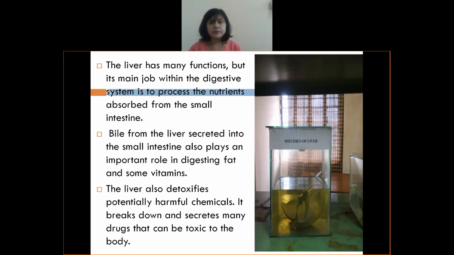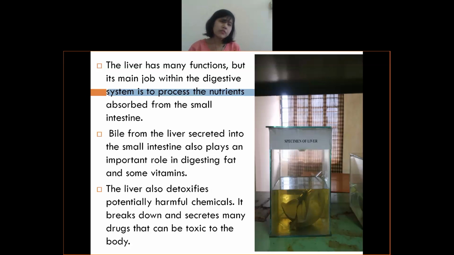And what does the bile do? It will help in digesting the fats and some vitamins.